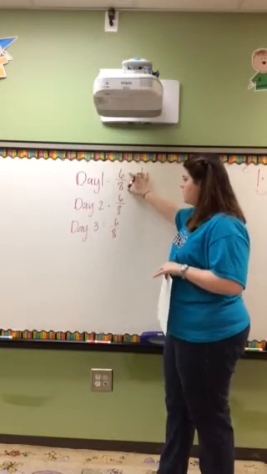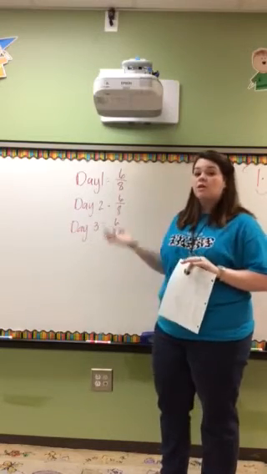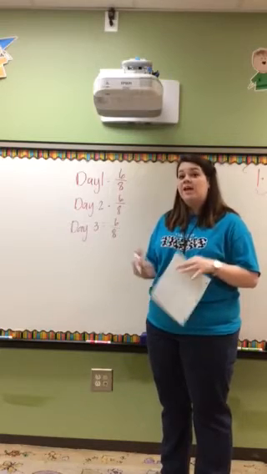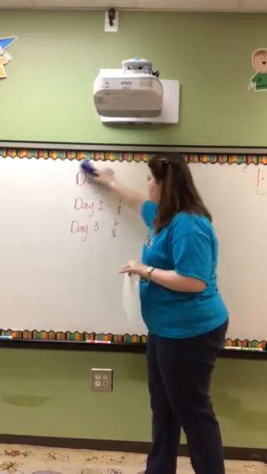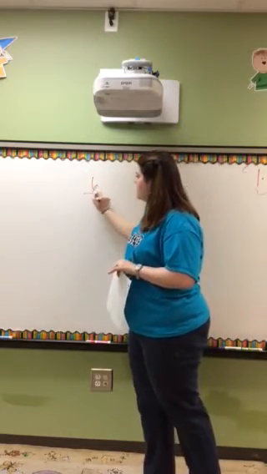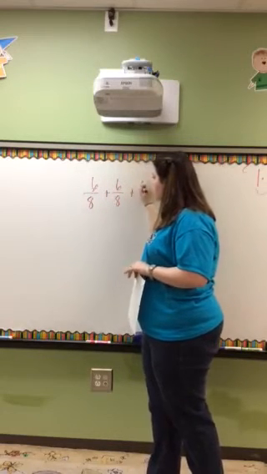Well, I have 3 different fractions, and if I want to know how much she had all together, that word all together means that I need to add. So I can add these 3 fractions together, and I can do 6/8 plus 6/8 plus 6/8.